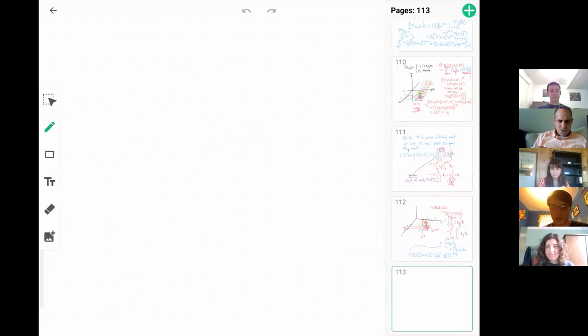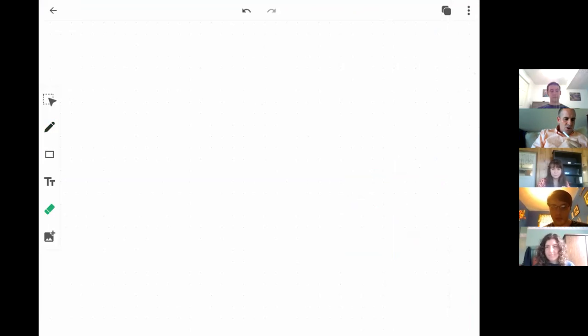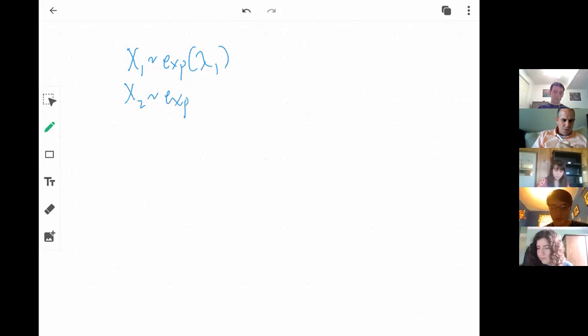I think you guys can see what's going on here. So I had x1 distributed as exponential with parameter lambda 1, and x2 distributed as exponential with parameter lambda 2, right?